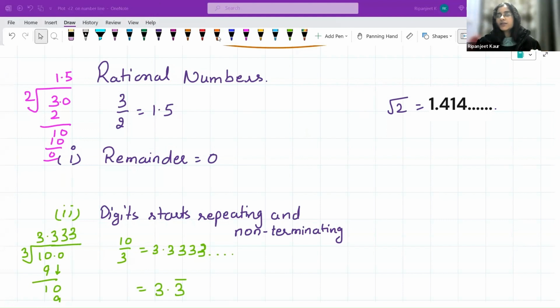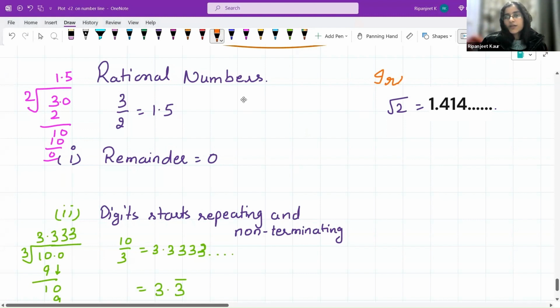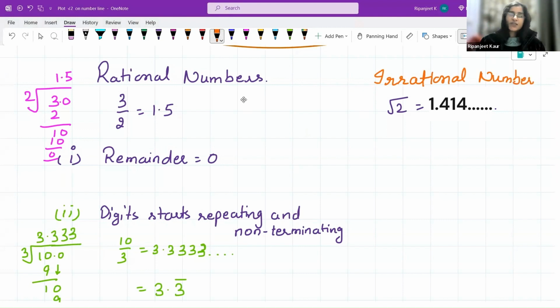And then let us see what tells us that the decimal representation is of an irrational number. The indication is very simple. Number 1 is the same: digits are non-terminating.